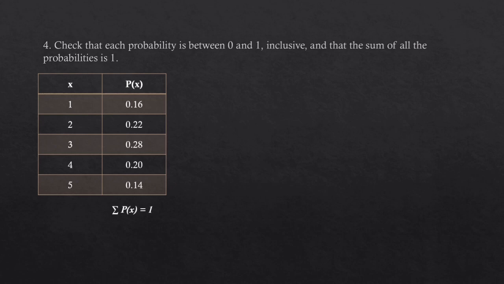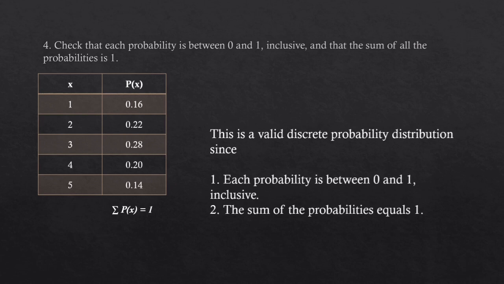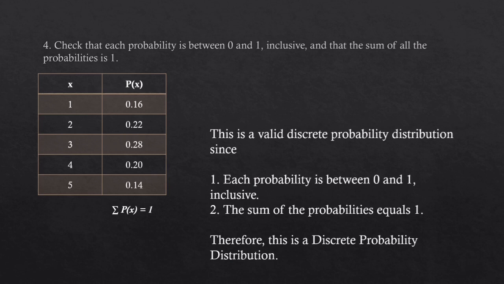The sum of the probabilities is equal to 1. So this is a valid discrete probability distribution since each probability is between 0 and 1 inclusive, and the sum of the probabilities is equal to 1. Therefore, this is a discrete probability distribution.